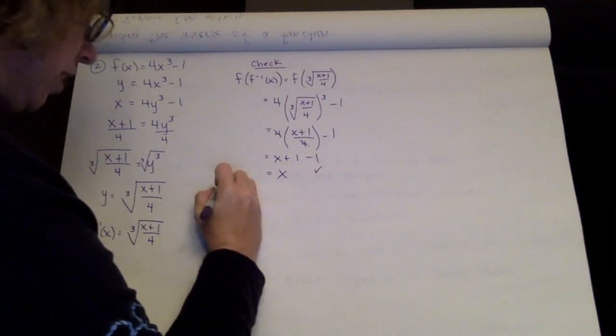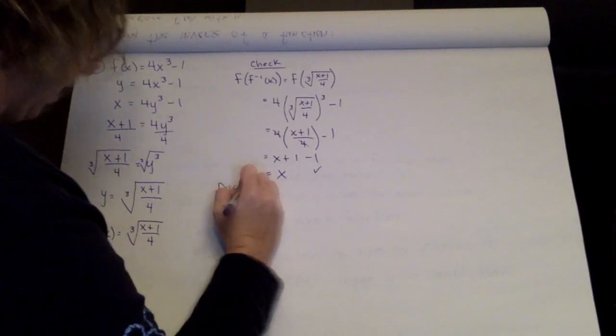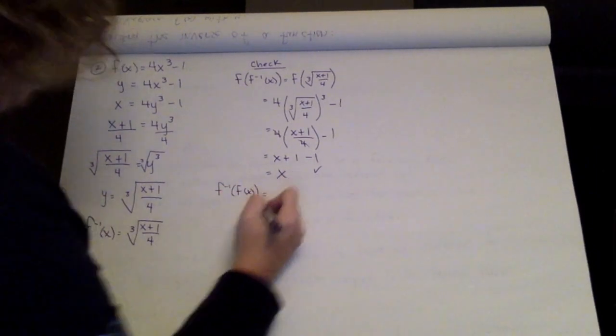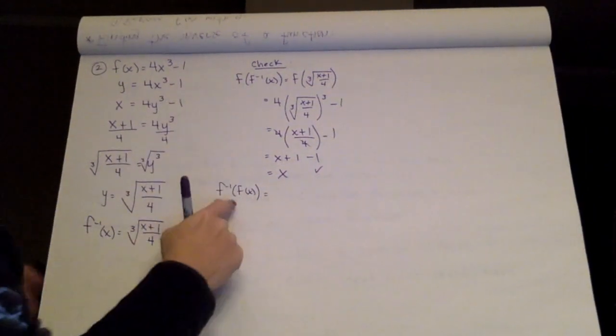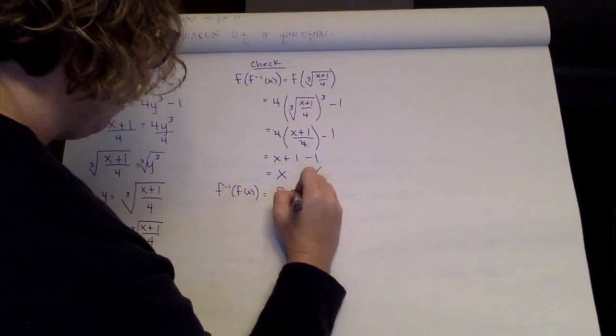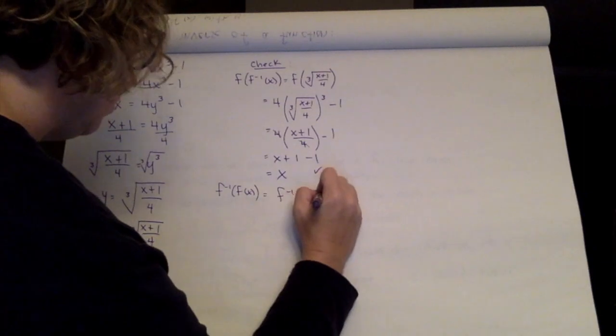Then we would have to try the inverse of f of x. I think I said that wrong. And we'll have the inverse of f of 4x cubed minus 1.